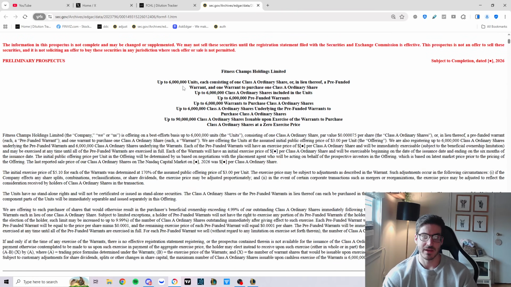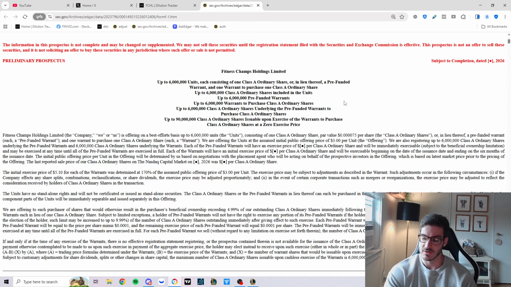So the actual filing itself shows you all the details of everything, right? So it's offering up to 6 million Class A shares, and one warrant to purchase each share. So what this essentially is saying, a lot of times you get companies that, let's say they do a 6 million share offering, okay?